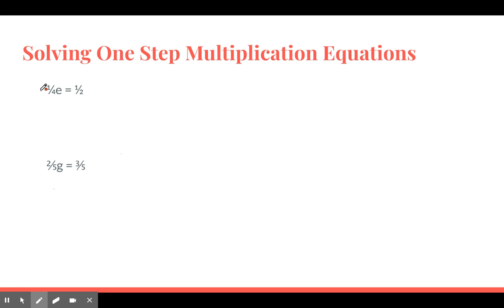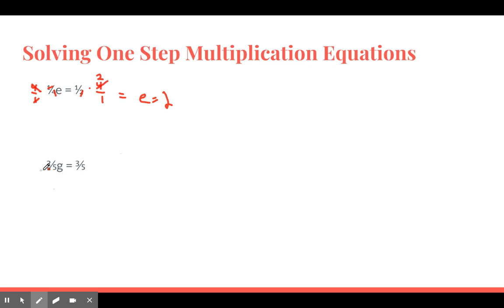So this is 1/4. If we multiply by 4/1, that would actually get these to cancel and ones to cancel, so we would be left with e. So multiply by 4/1, and then you can simplify here. This would be 2, and then e equals 2.